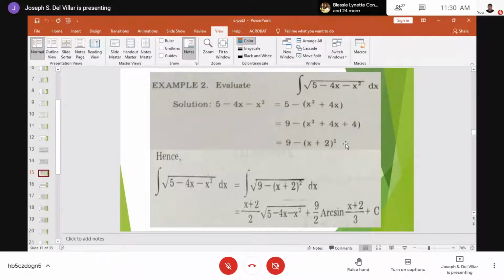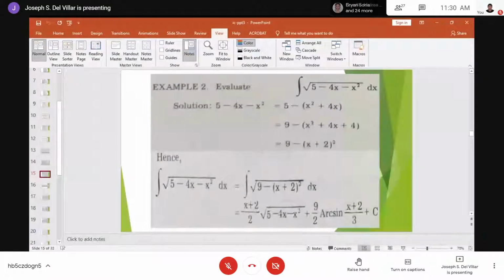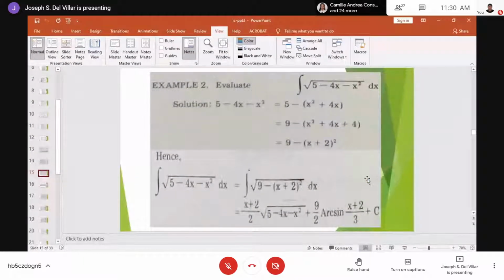Okay? So by completing the squares, dapat ganito siya. 9 minus the quantity x plus 2 squared. Okay? So transform this, ganito na siya. Okay, square root of 9 minus the quantity x plus 2 squared dx. Okay?